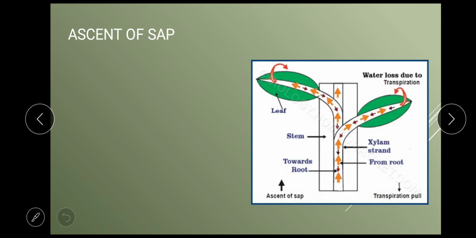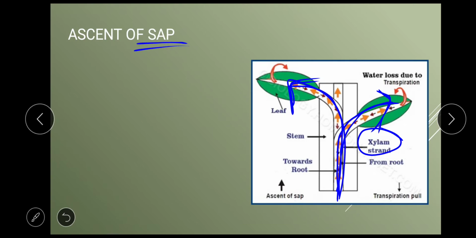So ascent of sap means water goes from low to high. Okay, and there are certain reasons why this happens. This happens through xylem, we know that. Okay, but why does this happen? There are certain factors which affect this movement of sap.